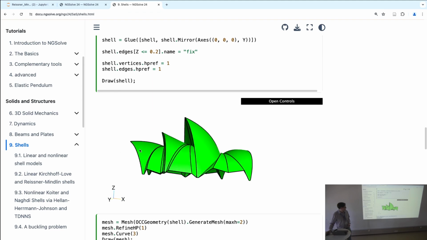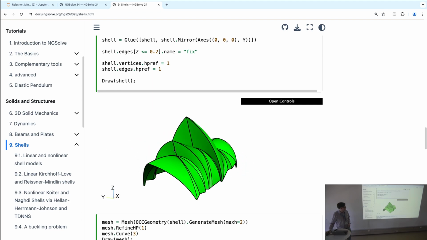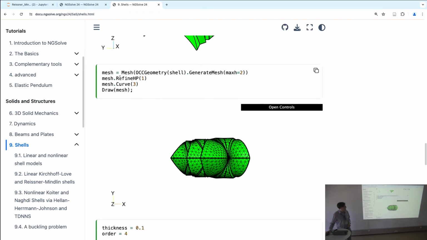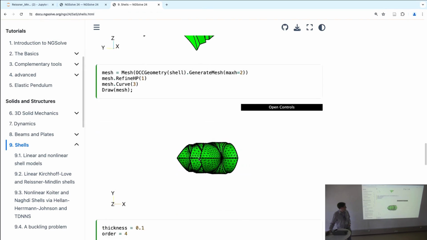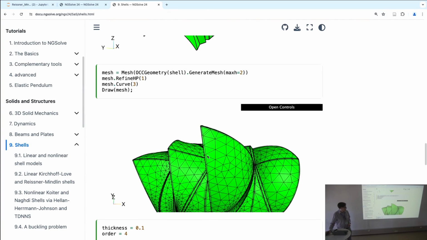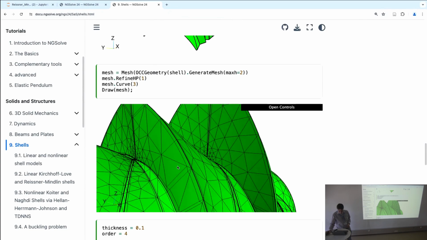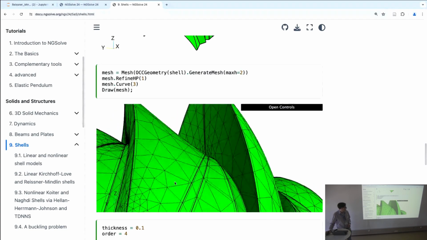Because of all these kinked structures, we also use hp refinement, so we also have some layers. If we mesh it, make it hp refined and curve it, then we get this mesh here, where if we go in, we also have triangular meshes, but also quadrilaterals to resolve possible boundary layers.